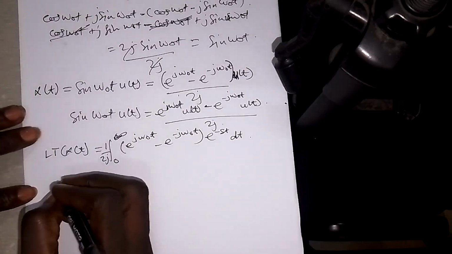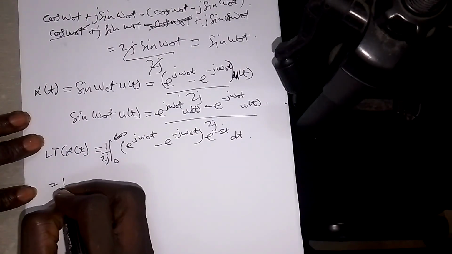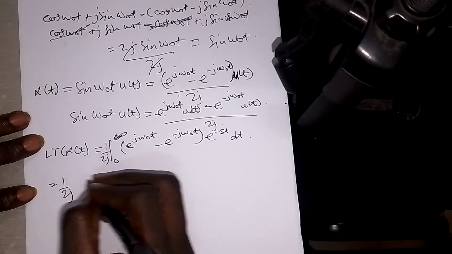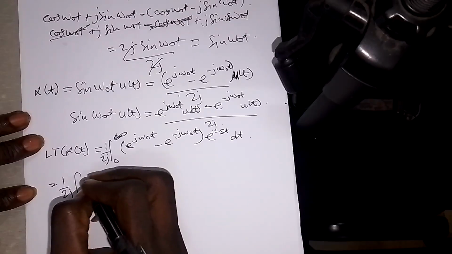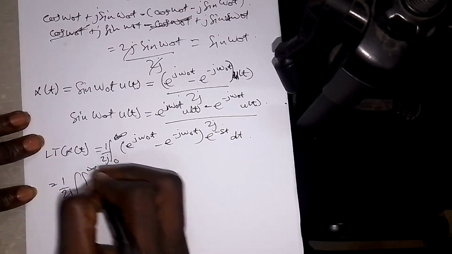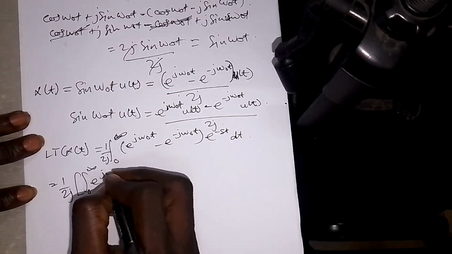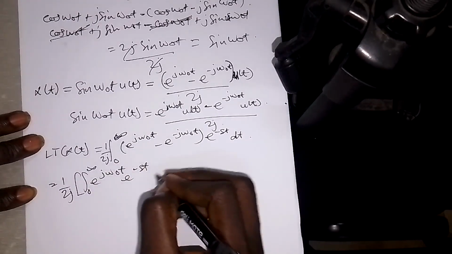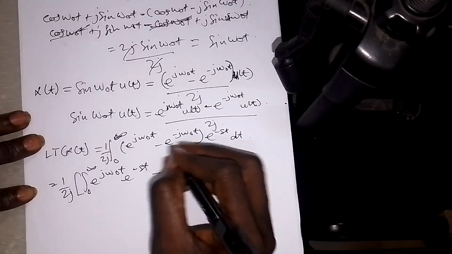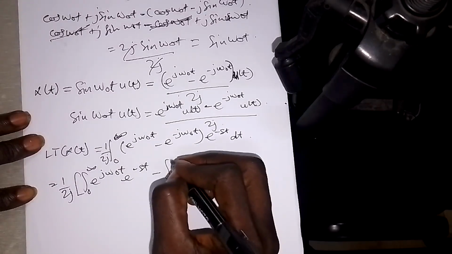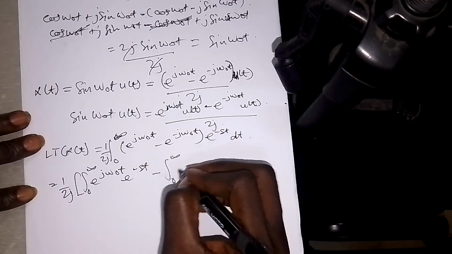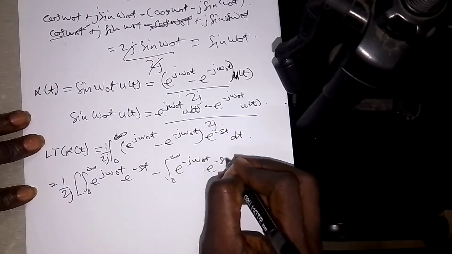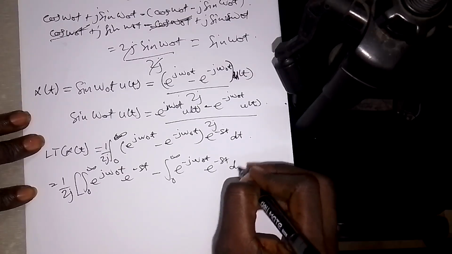Then it equals 1 over 2j, times the integral from 0 to infinity of e to the j omega naught t into e to the minus st, minus the integral from 0 to infinity of e to the minus j omega naught t into e to the minus st, dt.